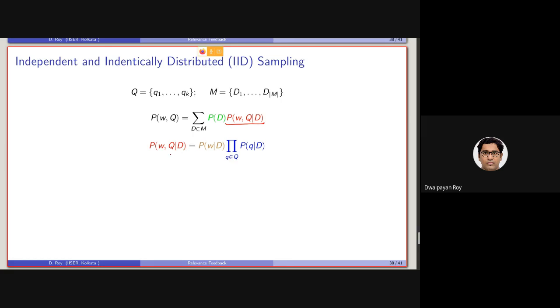As we are again considering the word independence assumption, this can be written as probability of W, Q1, Q2, Q3, up to Qk given D. As they are independent from each other, it is probability of W given D, times probability of Q1 given D, times probability of Q2 given D, up to probability of Qk given D, and this can be clubbed together as this.